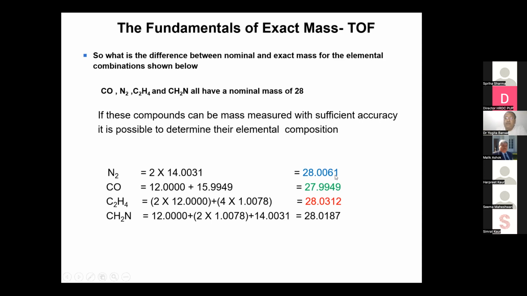If I had a sample which contains nitrogen, it will show a signal corresponding to an m/z of 28.006, plus or minus 0.0002, 3 or 4. That is the accuracy, that precision, which is very specific to the time of flight analyzer.